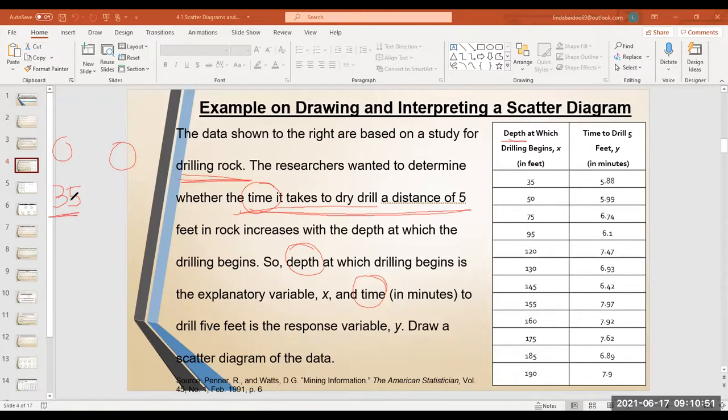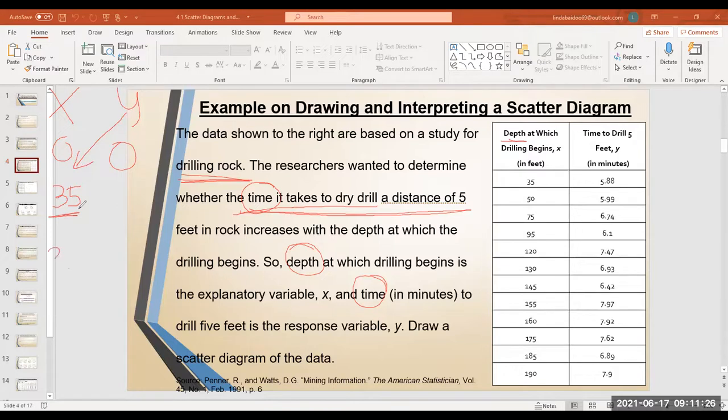The more you drill, the higher the height, the more time it will take, because the time is dependent on the height of the drill. So this is considered our X. Our X, the drill, doesn't depend on anything. You just decided to drill your hole. But if you want to know the time that you used to drill, then you have to set your timer. So the time is dependent on the height.